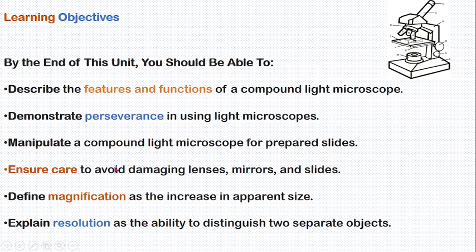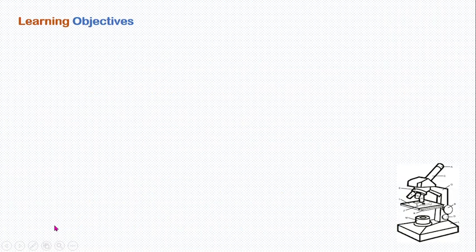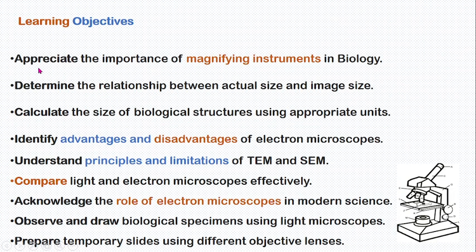You will have the time to understand what is a lens, what is a mirror, what are slides. You should also be able to define magnification, very important in your national examination, and to explain resolution, also very important in your national exam. You should appreciate the importance of the magnifying instrument in biology, which is the microscope.